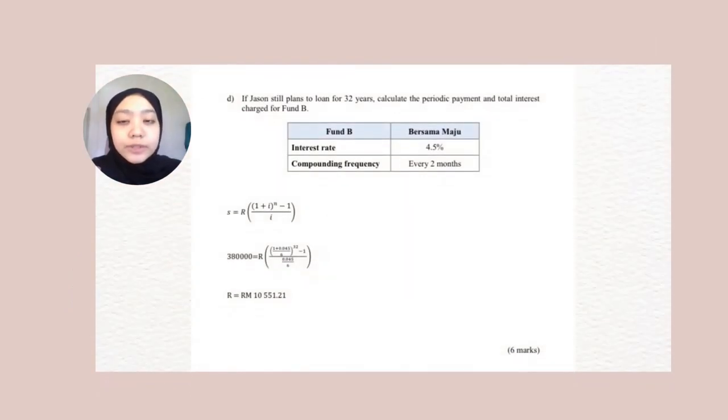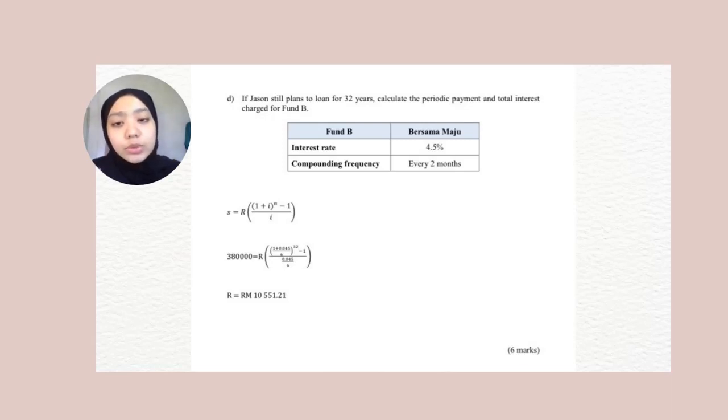Question D. If Jason still plans to loan for 32 years, calculate the periodic payment and total interest charge for Fund B. Given here is a new table that consists of information about Fund B, which is Bersama Maju. The total interest rate is 4.5% and the compounding frequency is every 2 months.